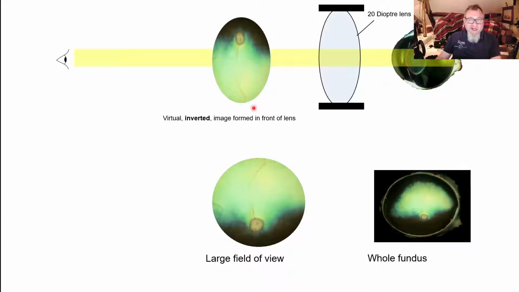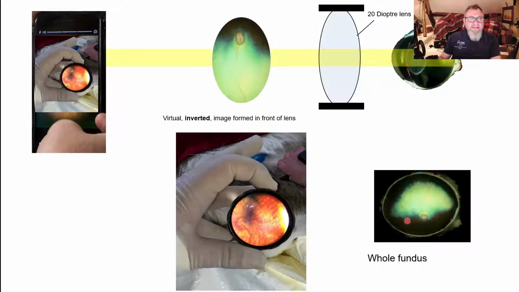This is why we call it indirect ophthalmoscopy, because we're examining an indirect view of the retina, and it gives a much larger field of view, approximating about a third of the back of the eye. That's the best part of 60 degrees, compared to only 3 or 4 degrees with the direct ophthalmoscope.